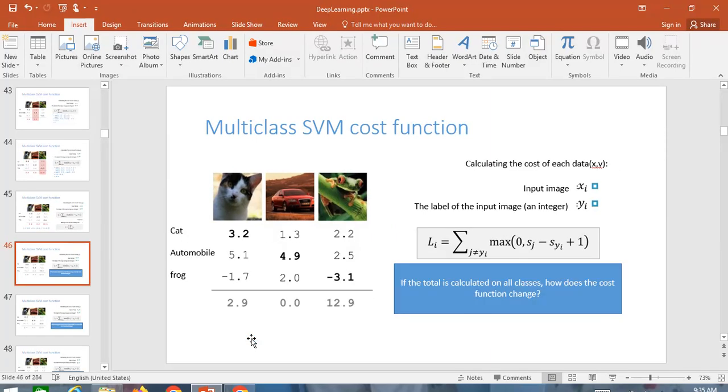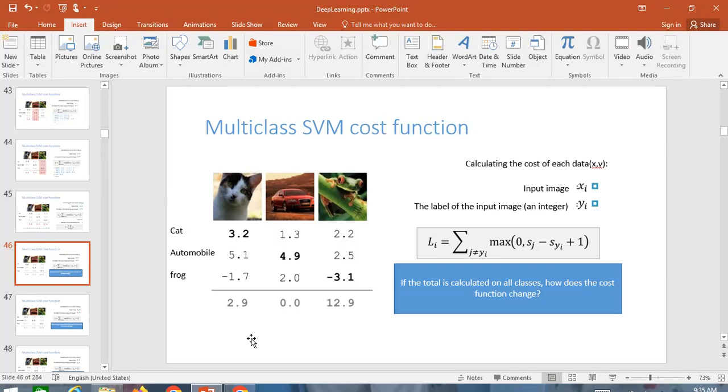Question: what is the minimum and maximum value of this cost function? The lowest value is 0 and the highest value is infinity. We may not necessarily get 0 itself. We want to get the optimal value. Well, this function has an error that we can fix.